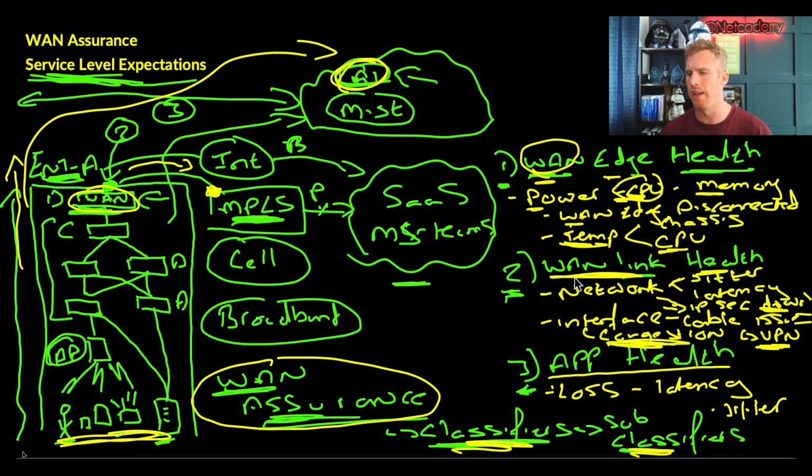So this is where the AI gives context to all of that data, and this is why SLEs are defining the 3 categories: the WAN router itself, the connection on the WAN router, and the application going over the WAN router, over that link, over that connection. But then the classifiers add that context, that substance, that meaning to what the data actually means, and where you need to go to really resolve those real-world problems.